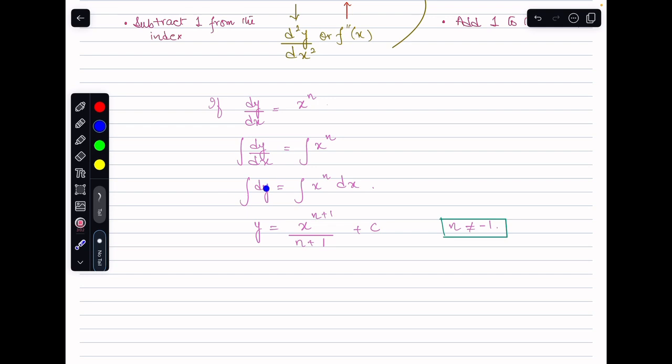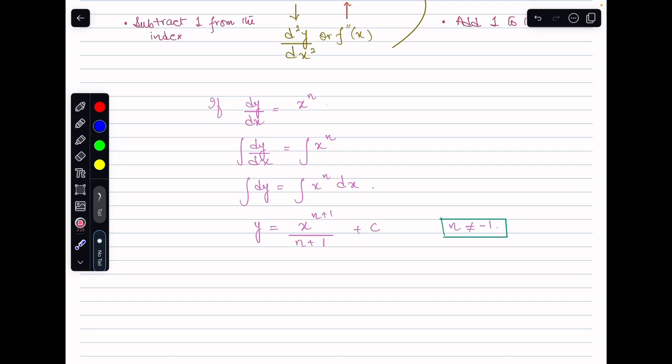So the integral of dy shall be equal to y, and then the integral of x to the power n, adding 1 to the power n, I should say it's n plus 1, and then I should be dividing the entire term by n plus 1, and then I have to add a constant plus c over here.